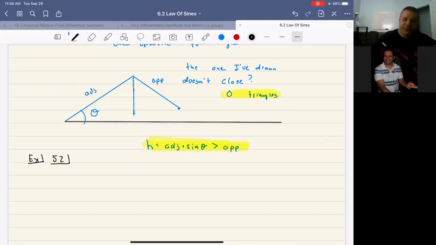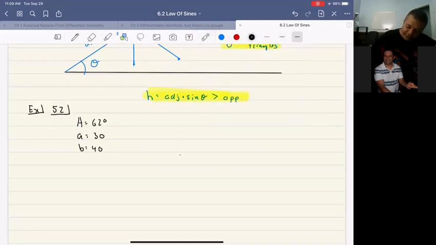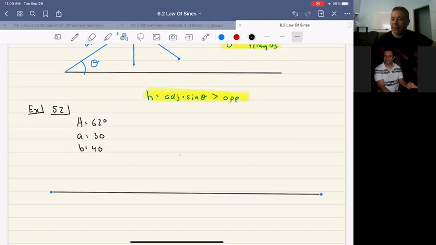As an example, this is number 52, and we get this information: A equals 62 degrees, a equals 30, and b equals 40. Like I said, this is an angle, one side opposite, one side adjacent. I'm going to draw it in my usual way. The usual way is an infinite line down here that represents my unknown side.